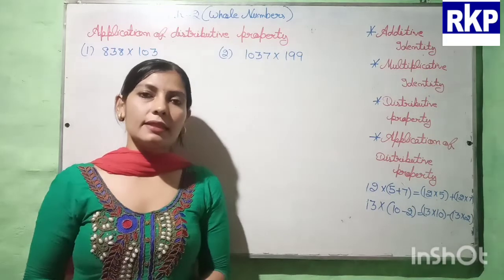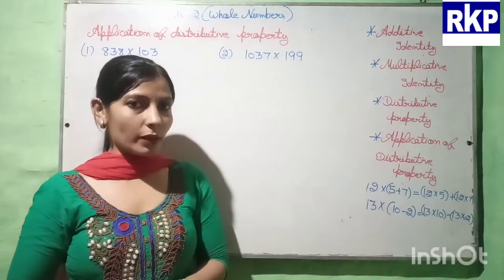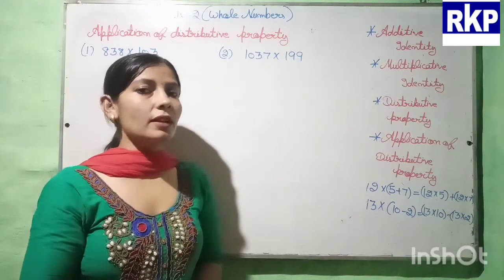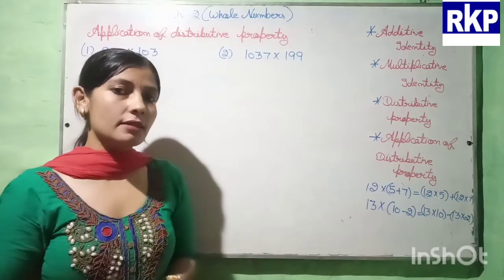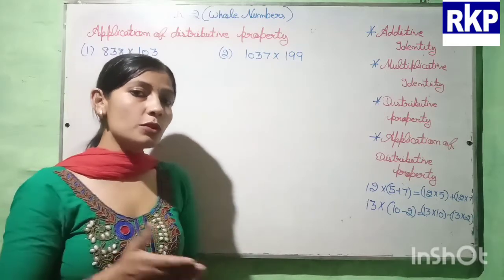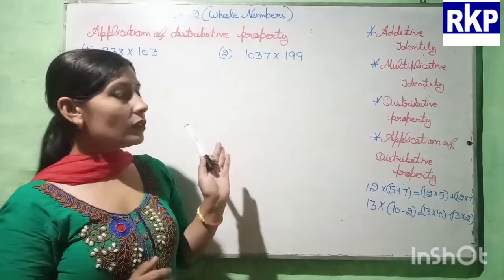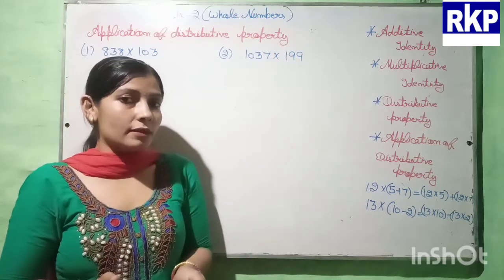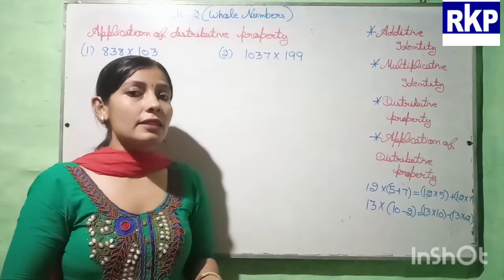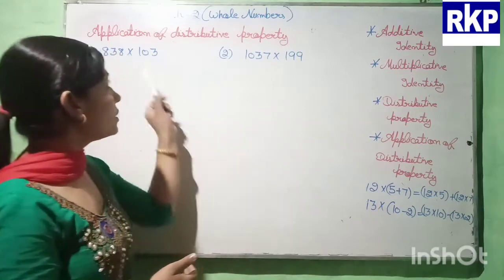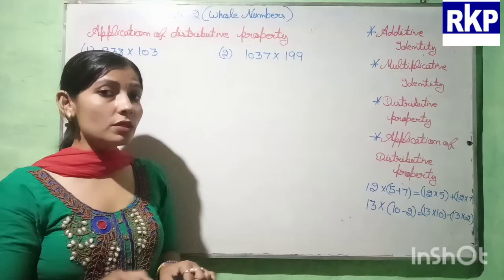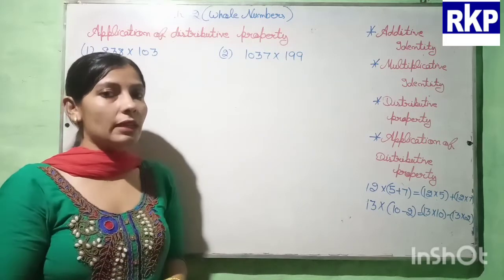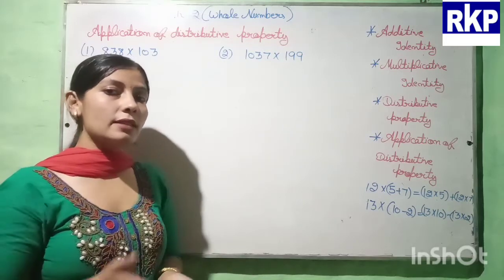Now students, let us see the application of distributive property. In our previous class we already discussed the application of commutative property, and today we will discuss the application of distributive property. What is application, beta? Application means use. We use distributive property in multiplication to make the multiplication easy.